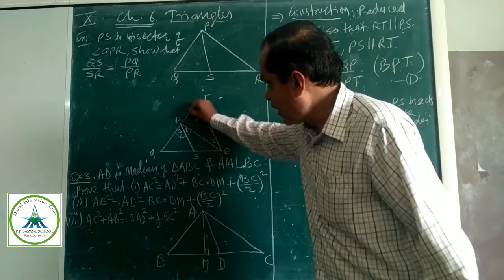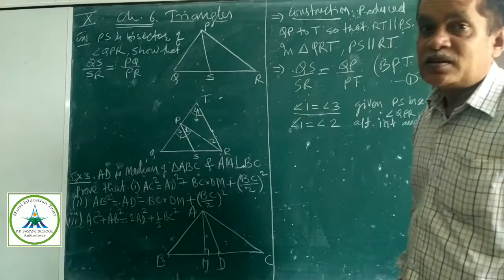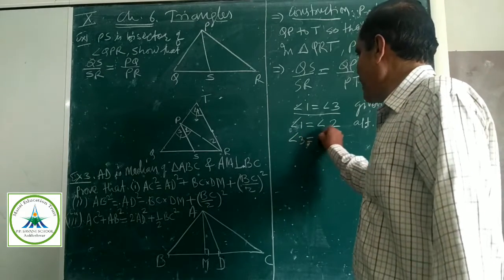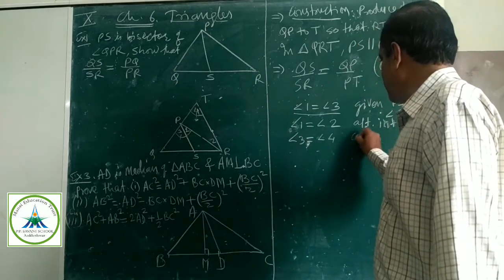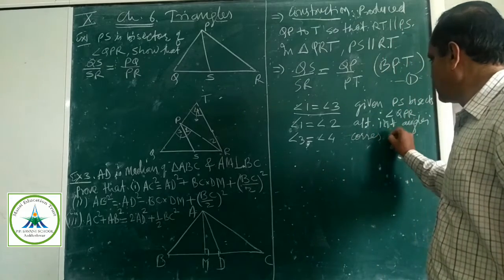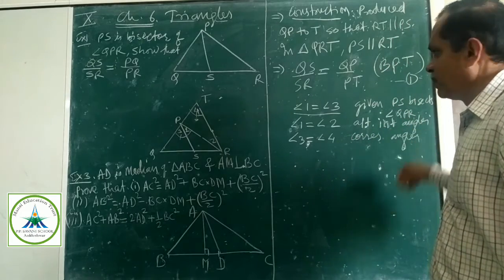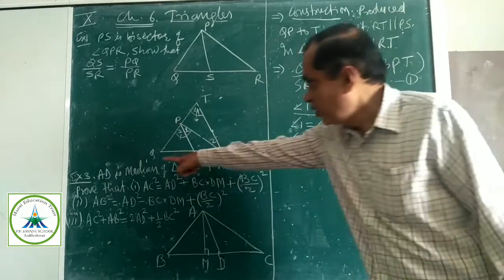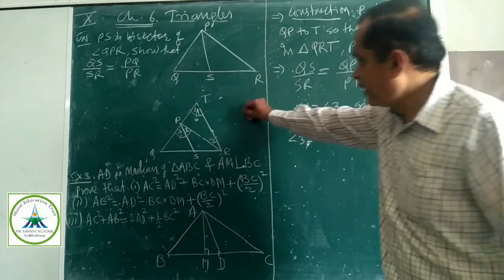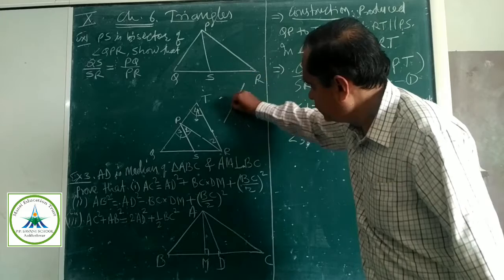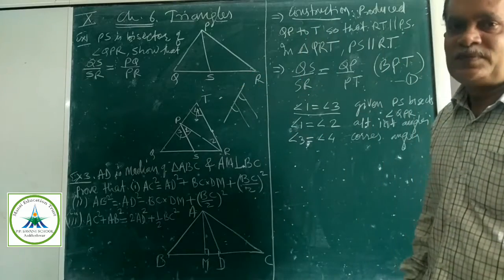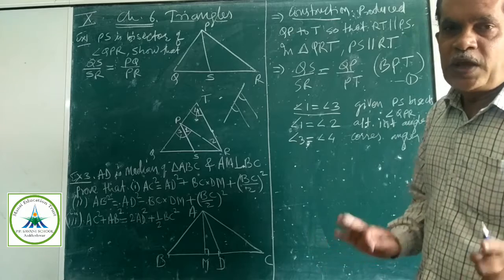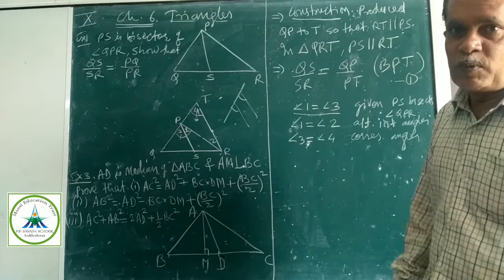So angle 3 equals angle 4, corresponding angles, because PS is parallel to RT and QT is the transversal. Like this, this angle equals this angle. Yes or no? See students, we have to see properly and locate properly.